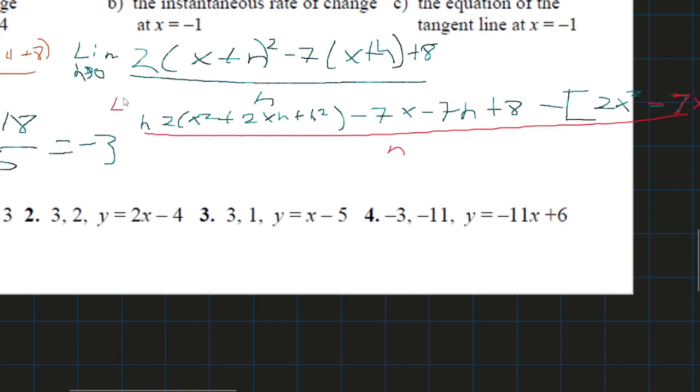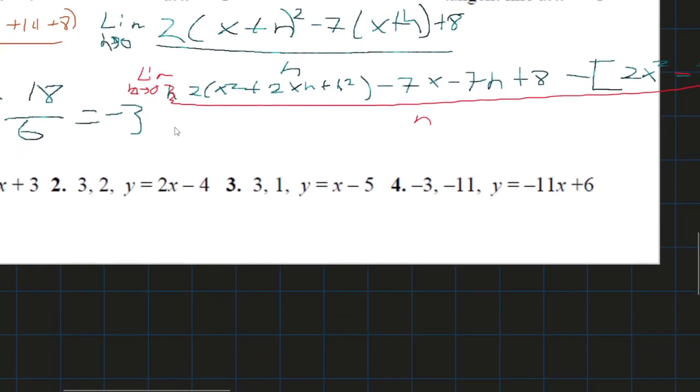This should have been a limit. I don't know what happened here. H is there. That's what it should have been.